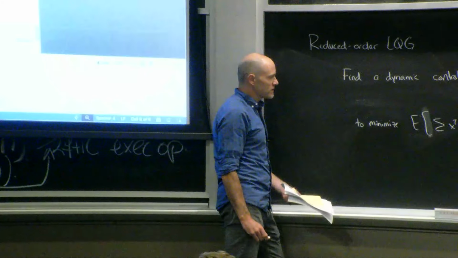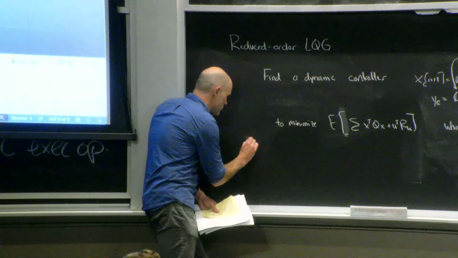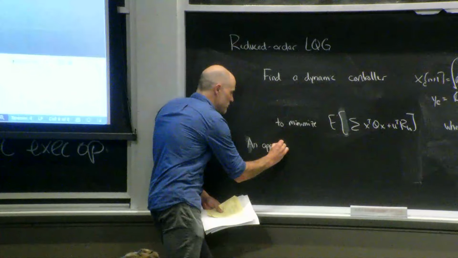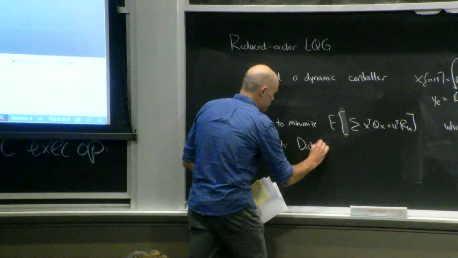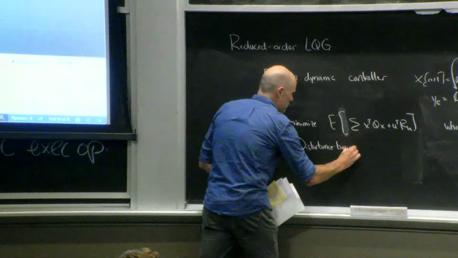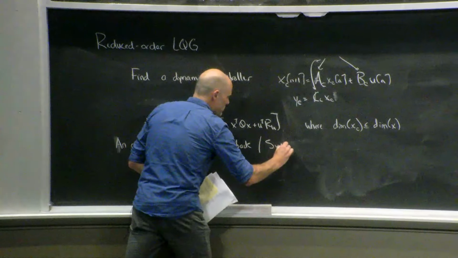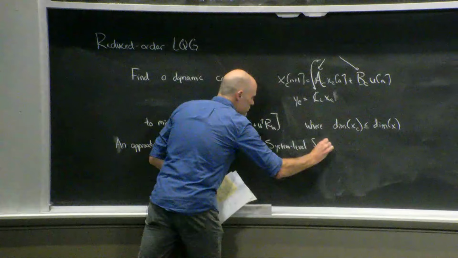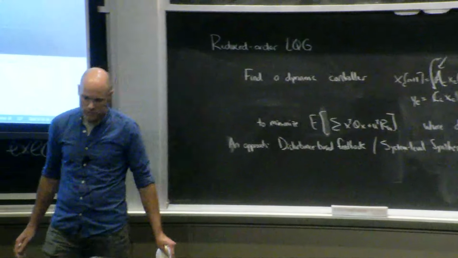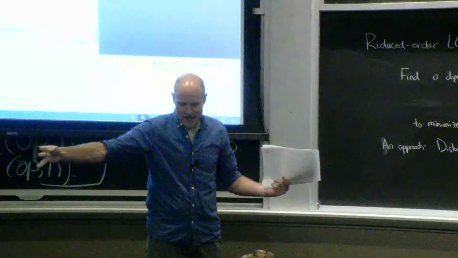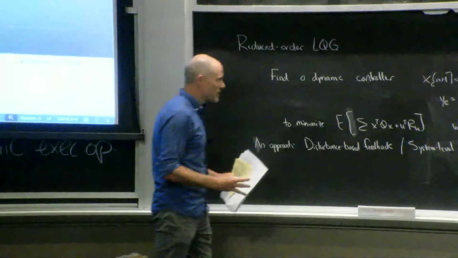And it's surprisingly difficult. One of the best ways we have to do this right now falls under the umbrella of disturbance-based feedback, or system-level synthesis, which effectively unrolls the dynamics in time and solves a big MPC kind of problem where you're actually searching for A_c, B_c, and C_c.